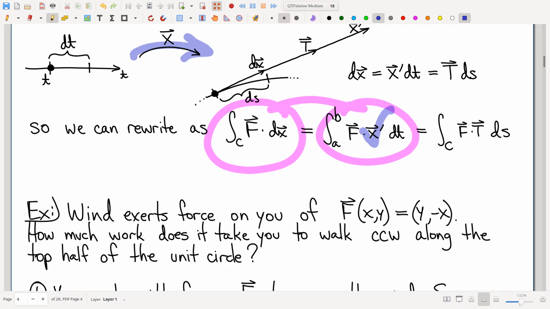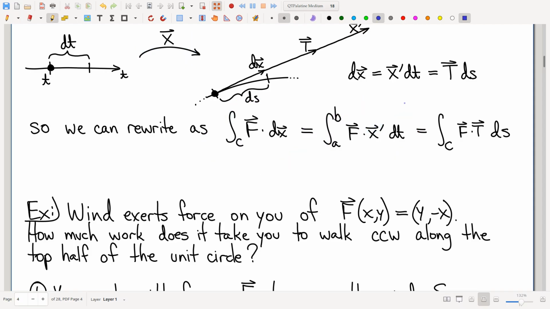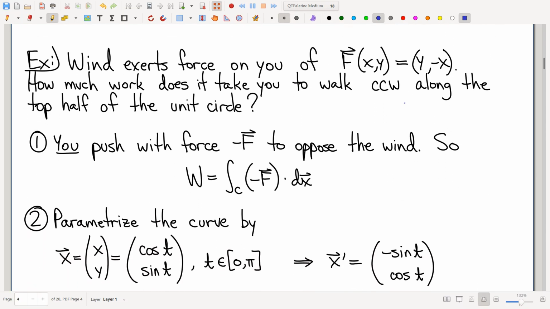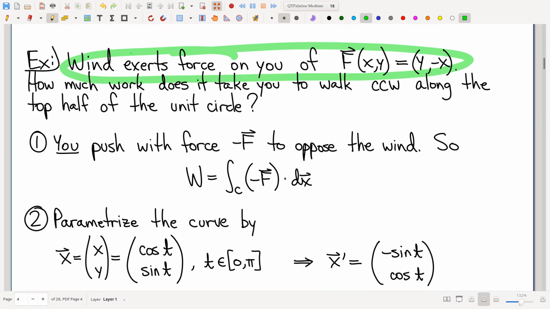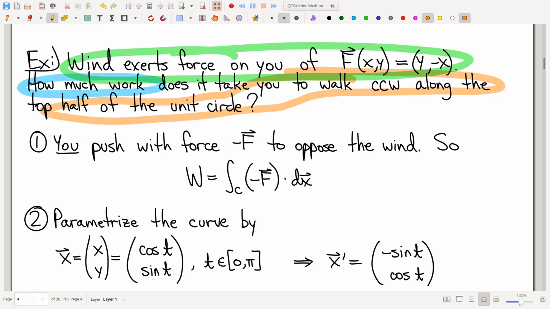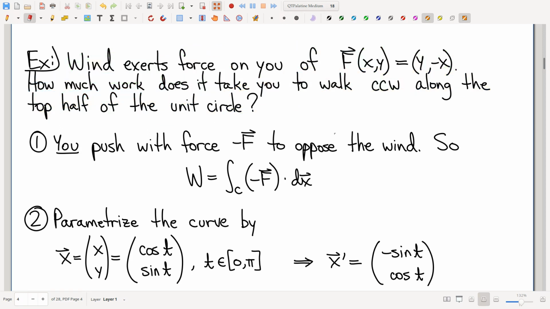So we're going to be doing all of that in this following example. Here we go. We have a force, and we want to compute a work as we move along a certain curve. This question is tailor-made for the formula that we just wrote down.